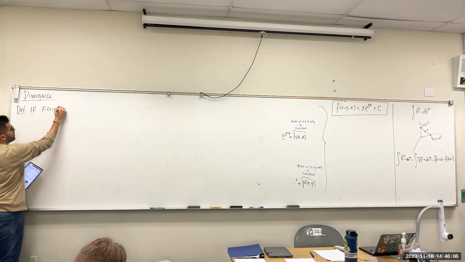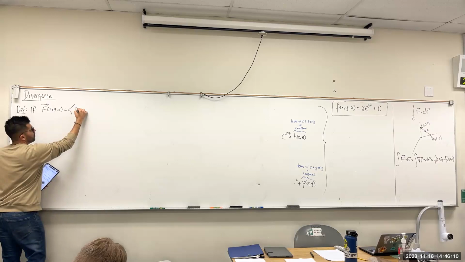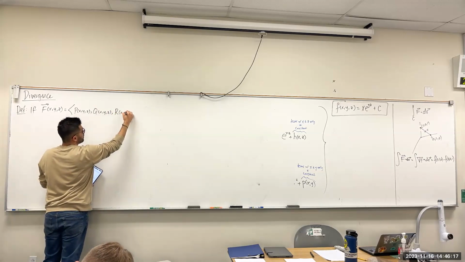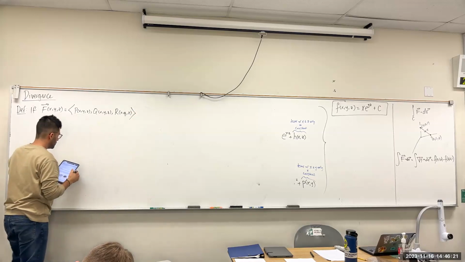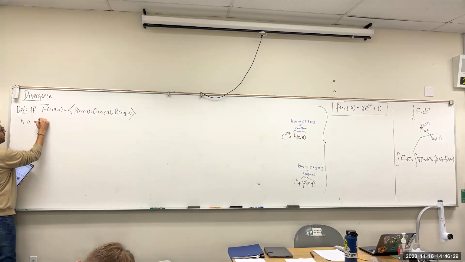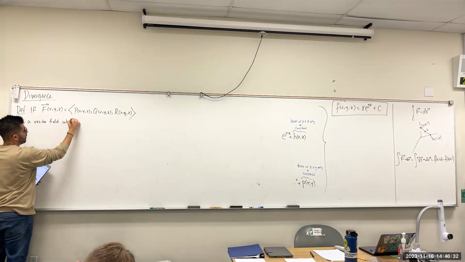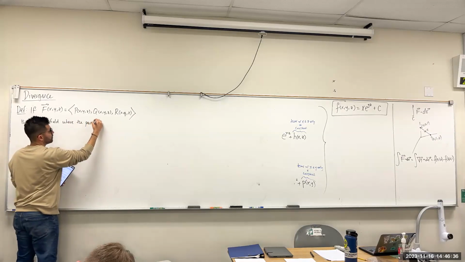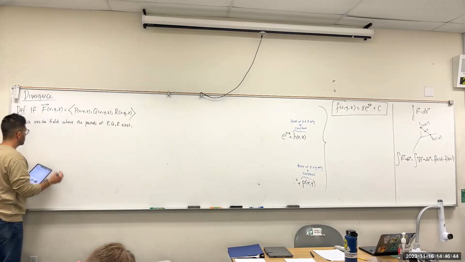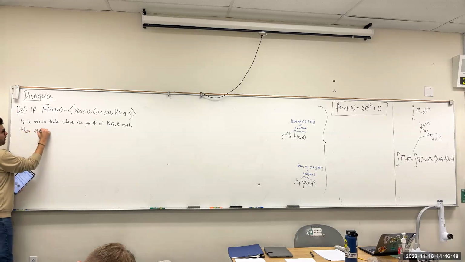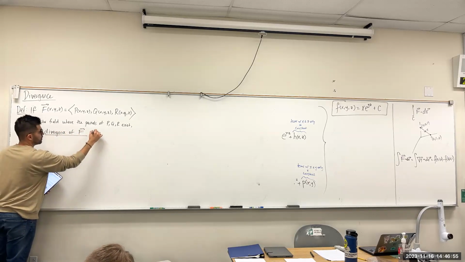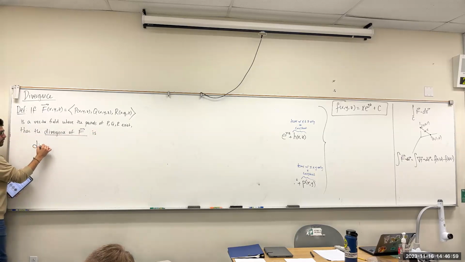If you have a 3D vector field with P of x, y, z, Q of x, y, z, and R of x, y, z, where the partials of the field exist, then the divergence of F, we're going to define it like this.